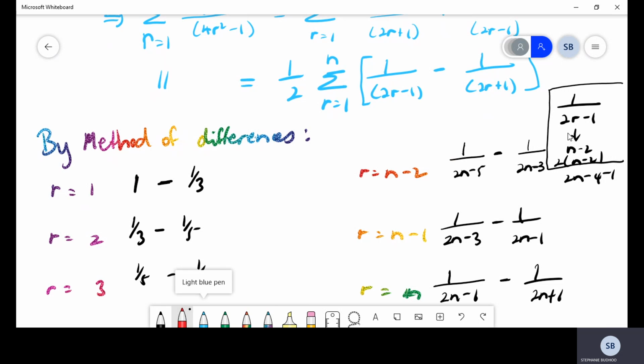So we correctly substitute. Now substituting these values of 1, 2, and 3, n minus 2, n minus 1, n, they can give errors if you make little mistakes. Sometimes, you can just add and subtract wrong. Those are minor errors that involve you taking your time, as well as basic algebra errors. They do not test your ability to apply method of differences, nor do they test your ability to understand series, right?